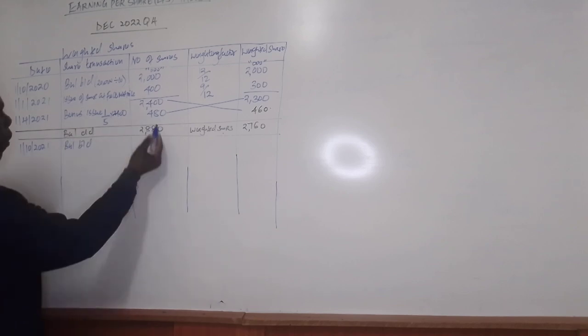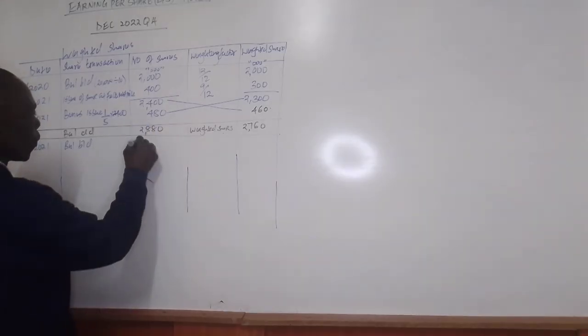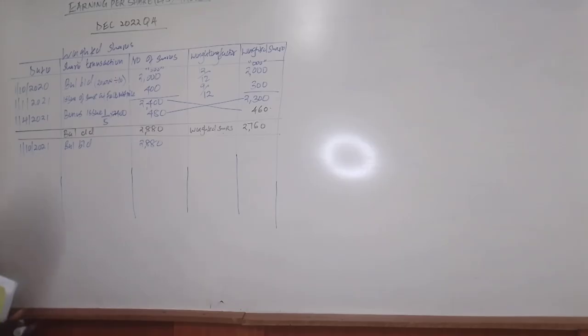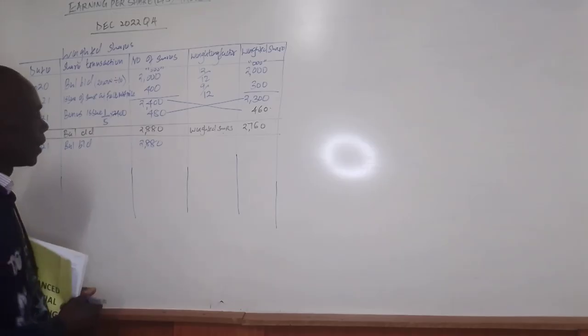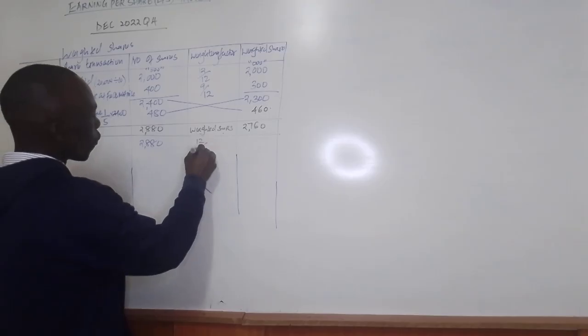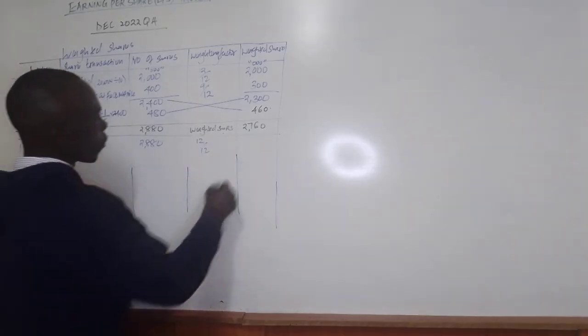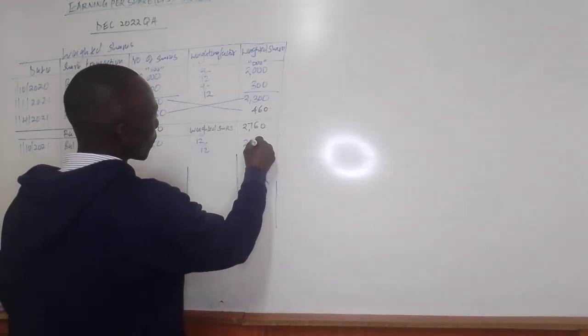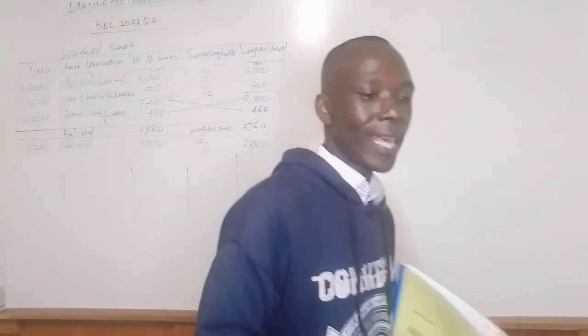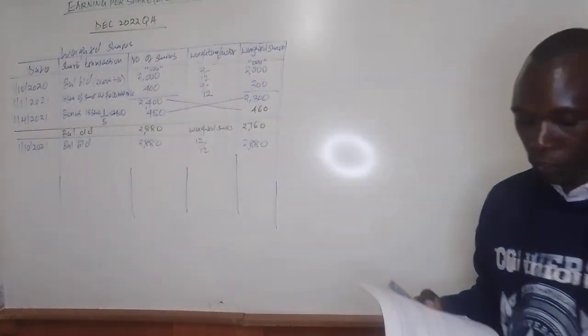Our balance brought down will be our balance carried down, which is 2,880. And these shares are going to be weighted for the full year. You weight them for the full year, so you get 2,880.